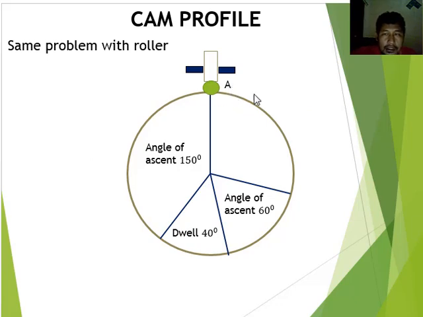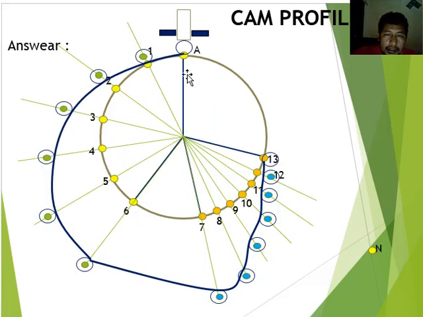For all the projection dimensions, you must increase by the radius of the follower, and then the result is that the cam profile for the follower is also the same as the knife edge follower. The difference is only in the dimension, increased by the radius of the roller type follower, like this.